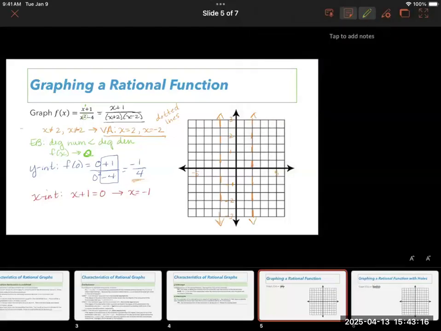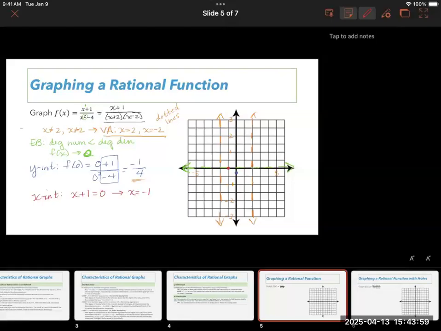My end behavior has f of x approaching 0, so I'm going to have a horizontal asymptote here at 0. Then I have my y-intercept at -1/4, so that's going to be right there. And I have an x-intercept at -1, which is going to be right there.